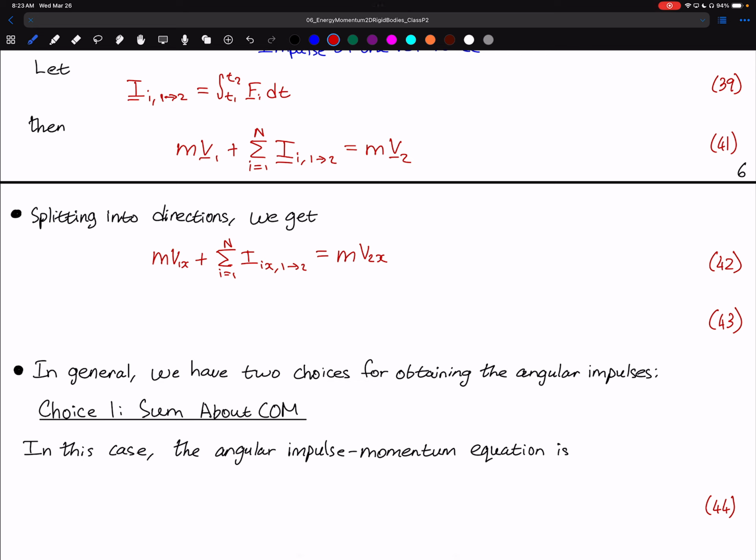And then the second equation, we're going to have m v1y plus the summation i equals 1 to n of I sub iy from 1 to 2 is then equal to m v2y.